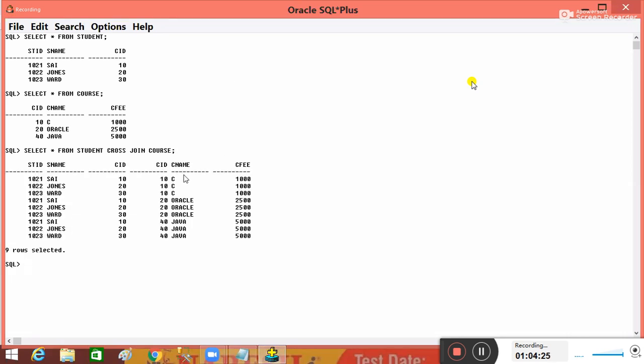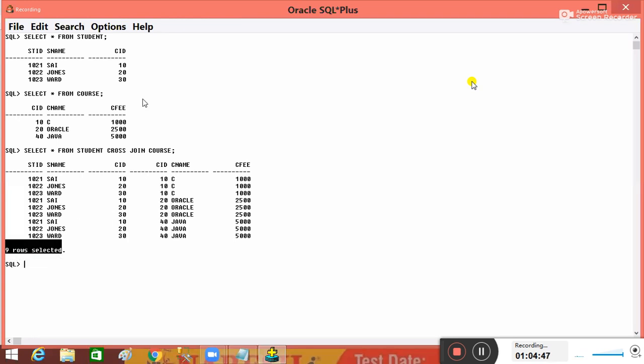Let's execute this and see what happened. The rows are matching here: 10, 10; 10, 20; 10, 30; 20, 10; 20, 20; 20, 30; 40, 10; 40, 20; 40, 30. In total it joined 9 times.